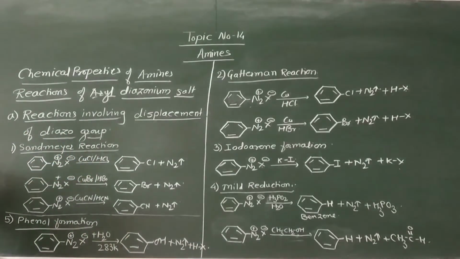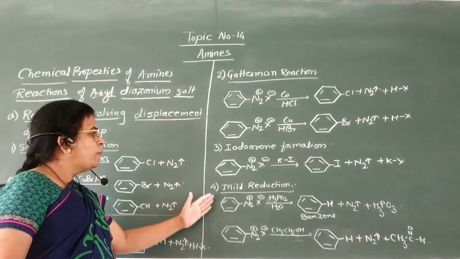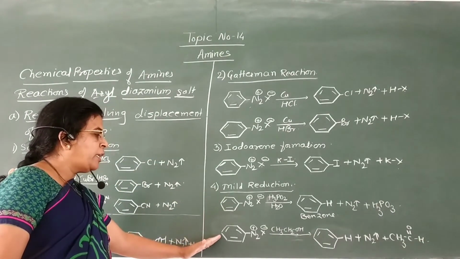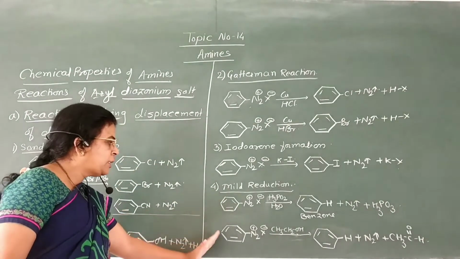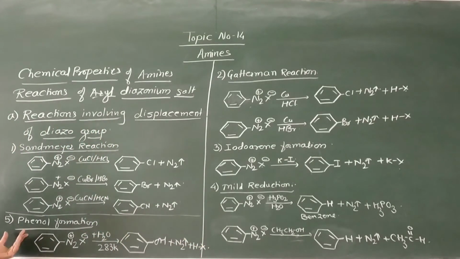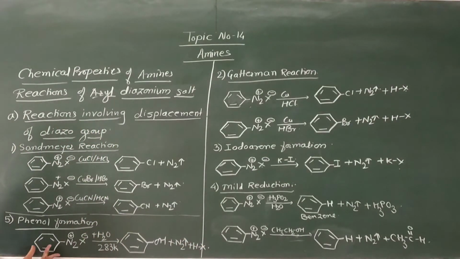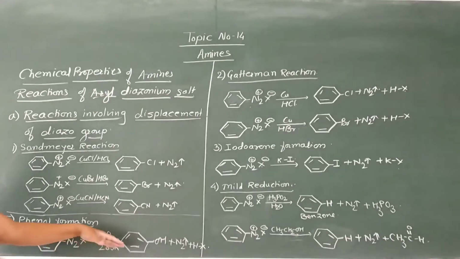In this way, this aryl diazonium salt is a useful reagent for the preparation of haloarenes, then for the preparation of benzene, when it undergoes mild reduction gives benzene, and when this aryl diazonium halide undergoes hydrolysis gives phenol.